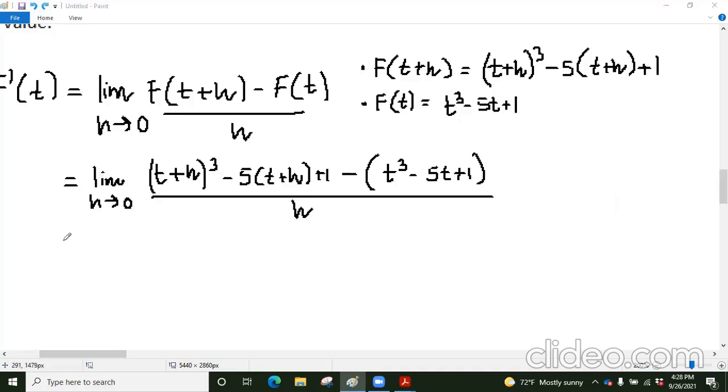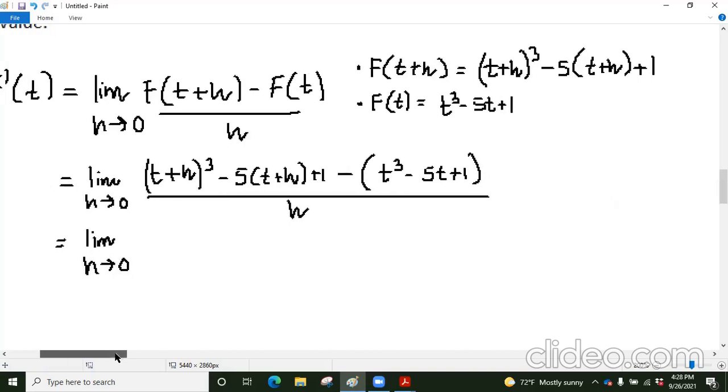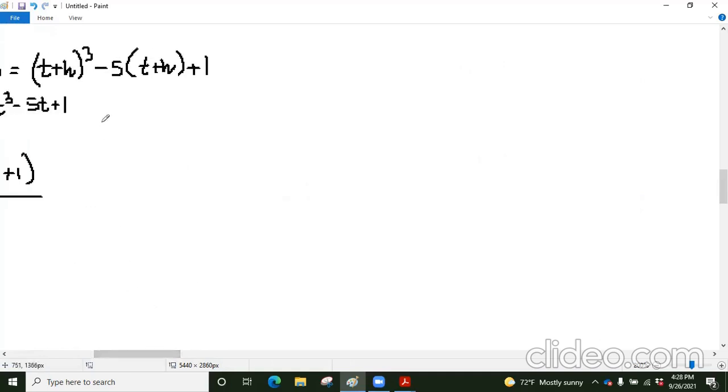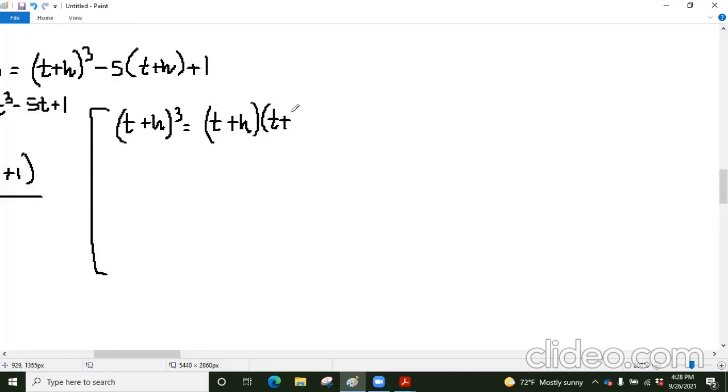So just moving forward with our calculation here, the limit as h approaches 0. So t plus h cubed, we're definitely going to have to distribute that. You could go about it several ways. Perhaps you could do t plus h, and then again a t plus h, and then again a t plus h.